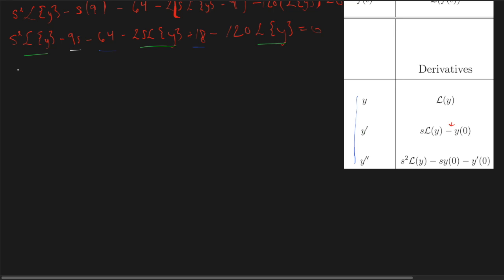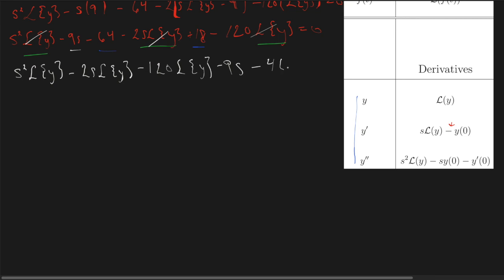So we're going to get s squared Laplace of y minus 2s Laplace of y minus 120 Laplace of y. And so we got rid of this term, and this term we moved. Now let's move minus 9s. And then we have minus 64 plus 18 minus 46. Okay, and that's going to be equal to 0.